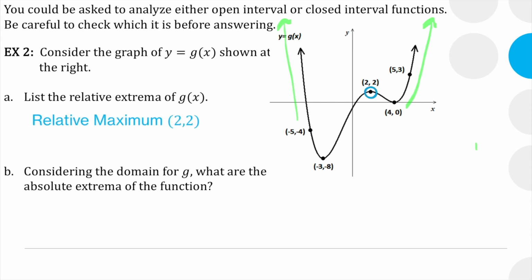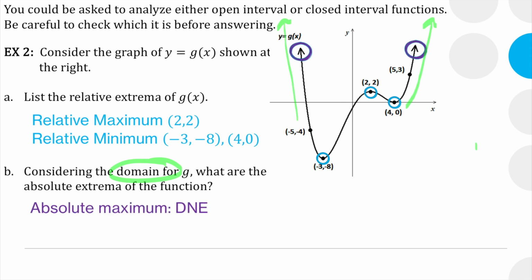Well, we have a relative maximum at 2, 2. We have two relative minimums, one at -3, -8, and one at 4, 0. Considering the domain of g, what are the absolute extrema of the function? Well, what's the absolute maximum? There isn't one. The graph just keeps going. The absolute minimum would be -3, -8.